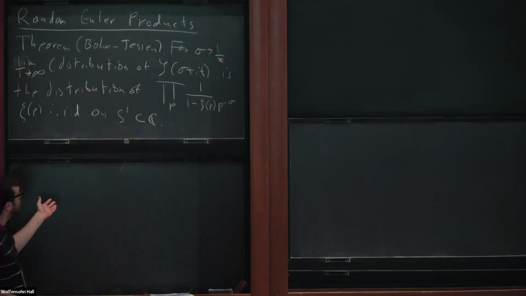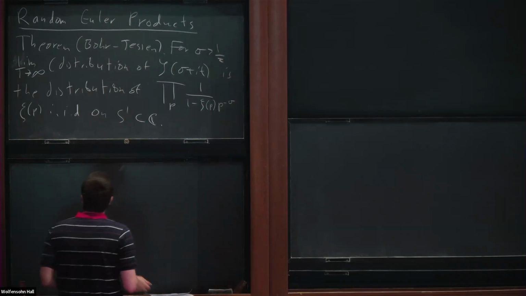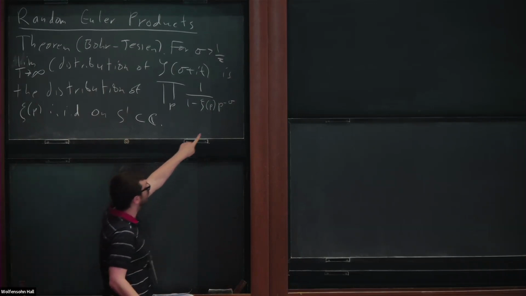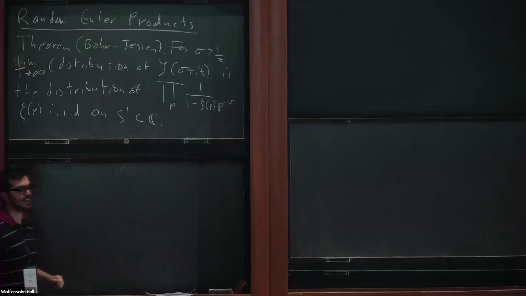And so this completely answers at least the first part of the question for sigma greater than 1/2. Sigma appears here in the formula. As sigma gets larger, the distribution gets more constant. It becomes closer to just 1 with high probability.